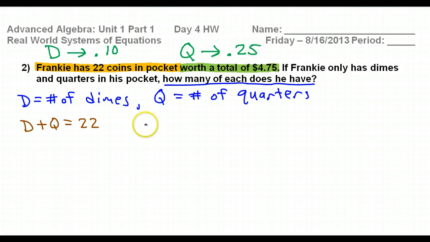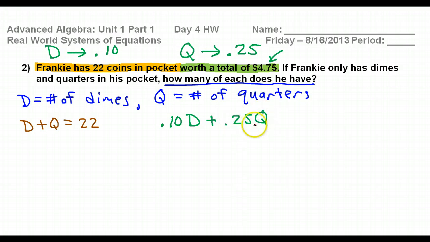Okay, so when you go to set up an equation that has a total of money, the way you set it up is, it's always going to be 10 cents per dime. Okay, so 10 cents times the number of dimes gives you the amount of money from dimes, plus 25 cents per quarter.